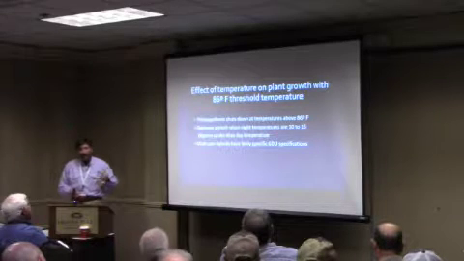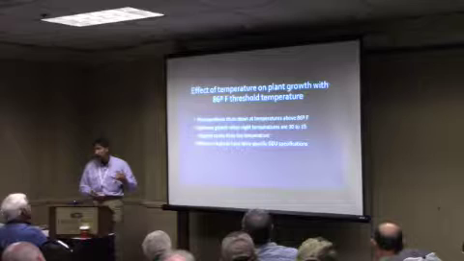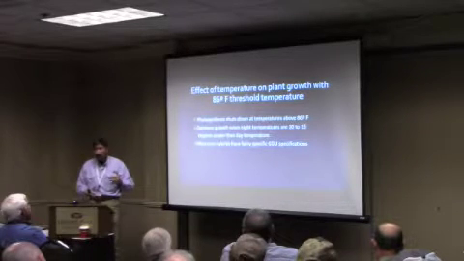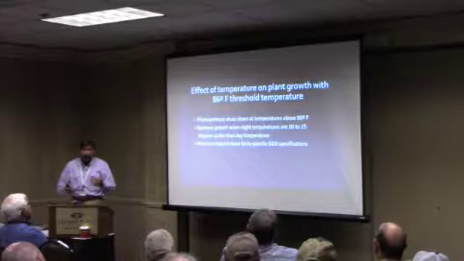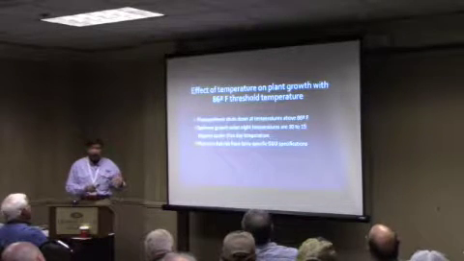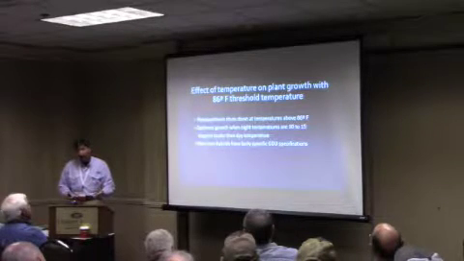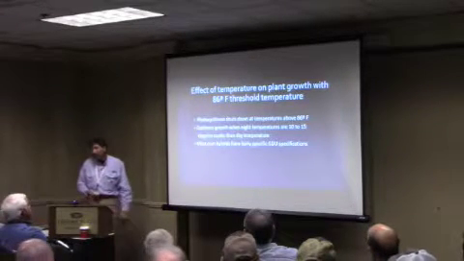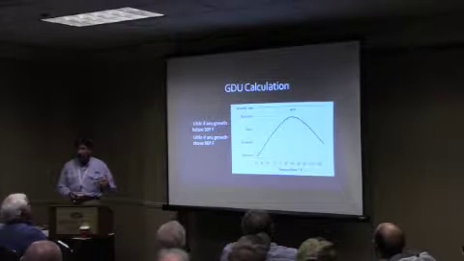Crops thrive when there's at least a 10 or 15 degree range, and I'll say even a little bit higher. So if we're in 90 degree days, we can still maintain optimum growth if we cool down to 65 degrees at night.